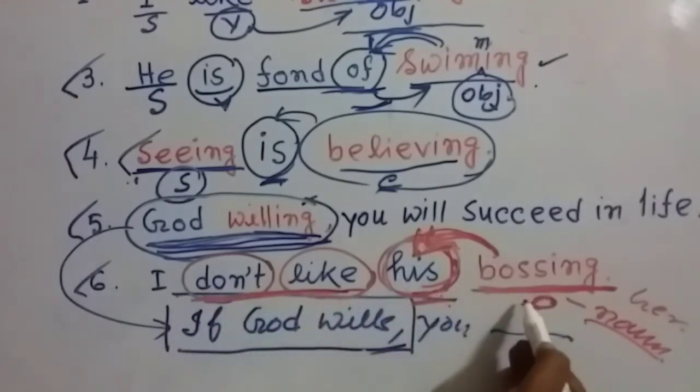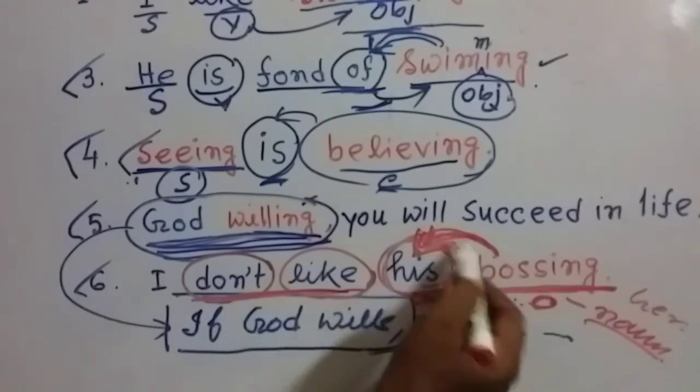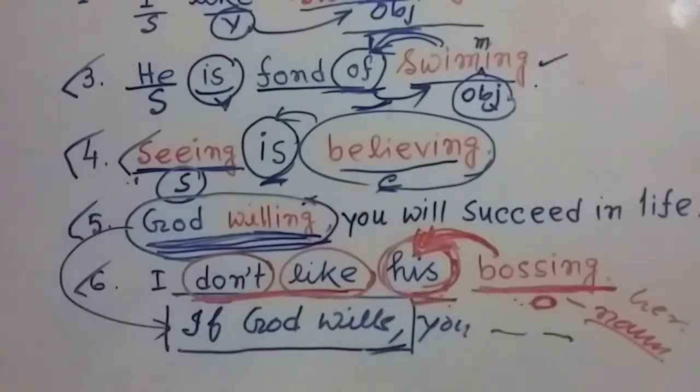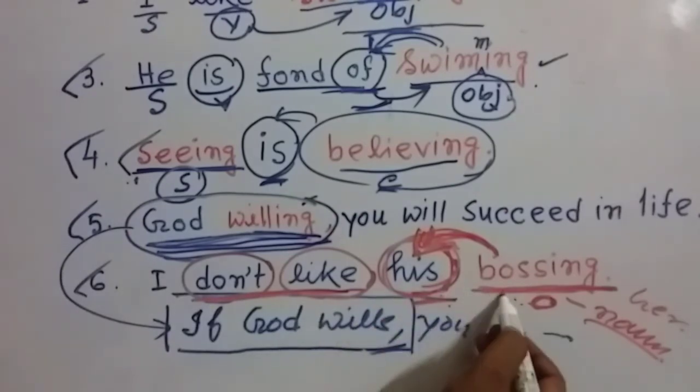"I don't like his bossing." That means this is the object of this term. So my dear friends, after any kind of possessive adjective, if there is the chance for writing down any kind of noun, obviously we have to write down the gerund form.